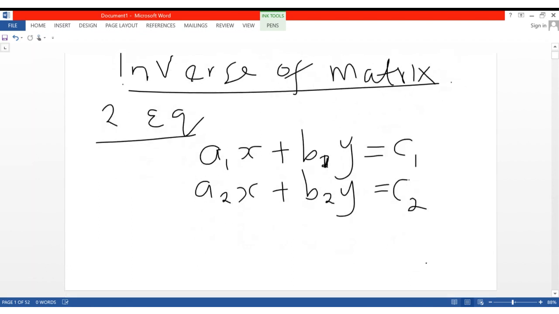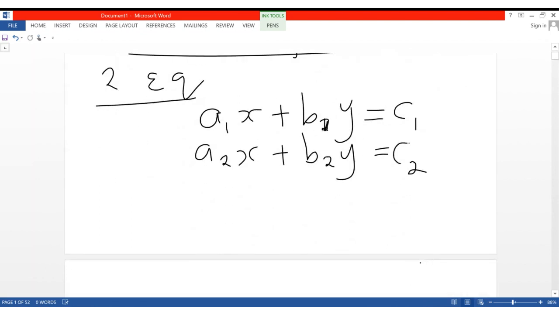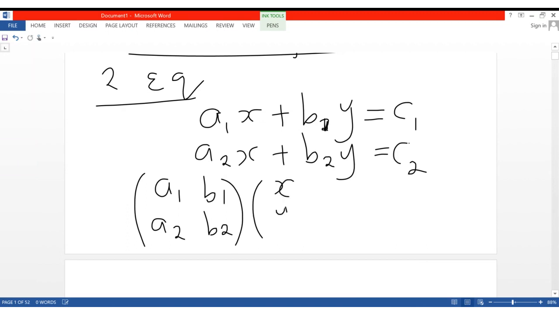Our first thing that we need to do is to form a matrix of equations for this. So we shall take the coefficients, which are a1, b1, a2, and b2, and then the x and y we are solving for. Our solution we shall represent in form of a column, c1, c2.